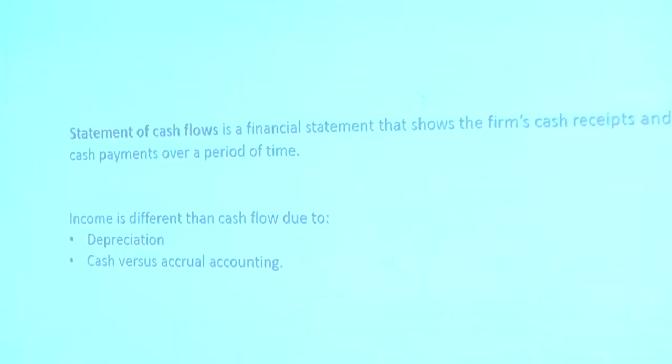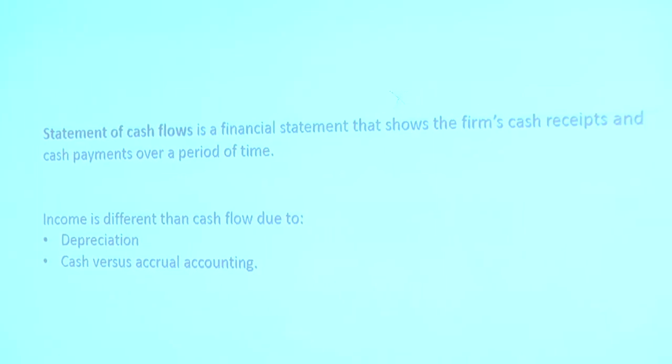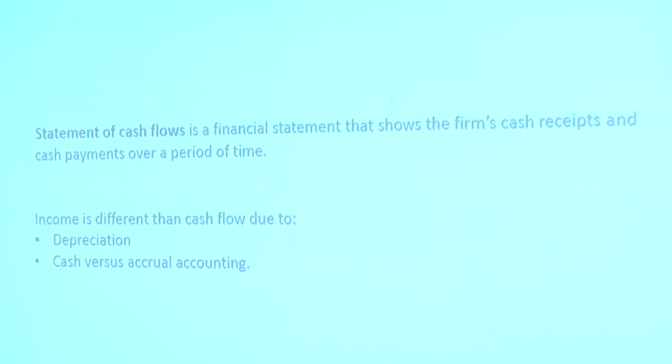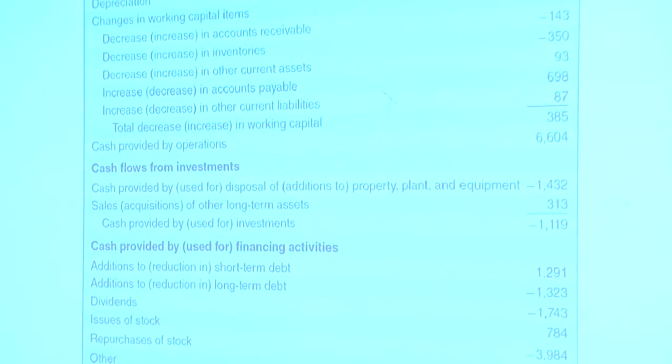The statement of cash flows is a financial statement that shows a firm's cash receipts and cash payments over a period of time. Cash is a little bit different from income based on two things: depreciation, and cash versus accrual accounting. So let's take a look at the cash flow statement.